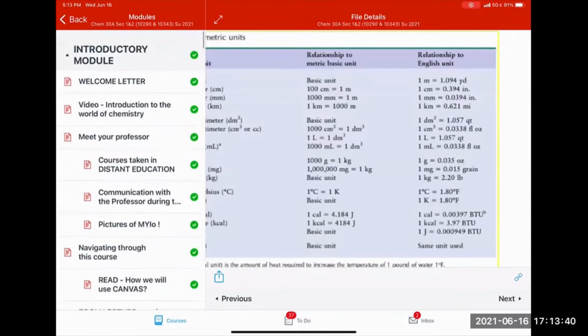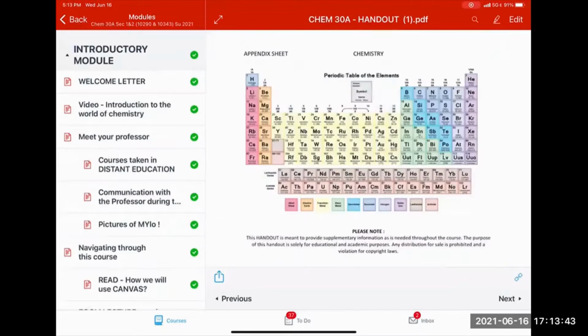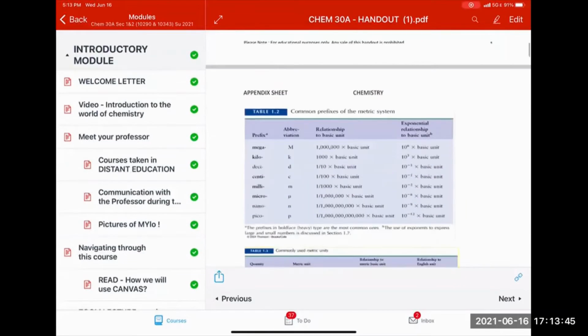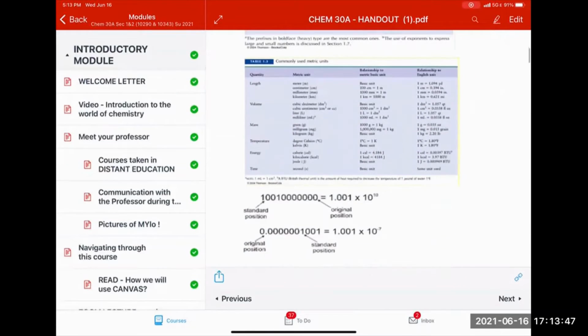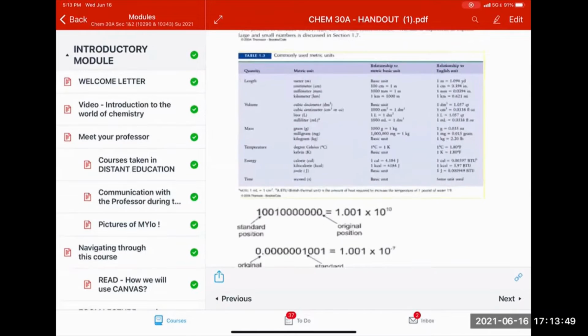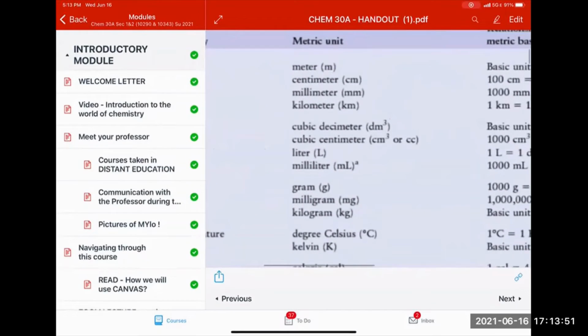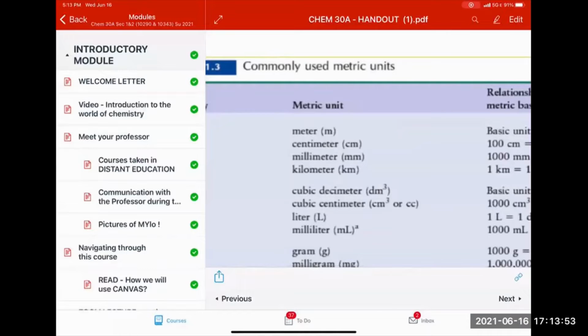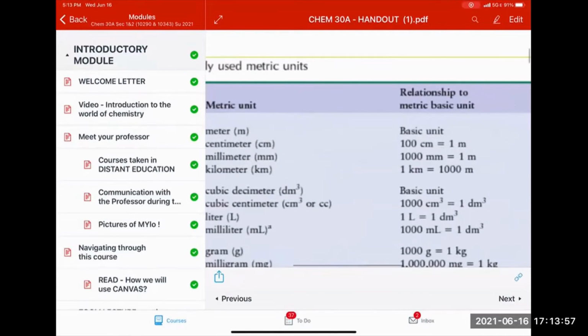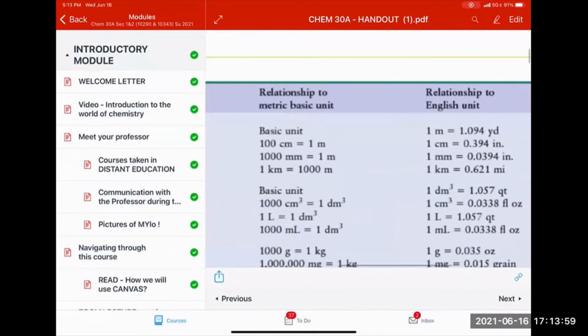Okay. So equality is, we wanted to bring uniformity in these measurements or the units. There is a metric system, and then there is the SI system.